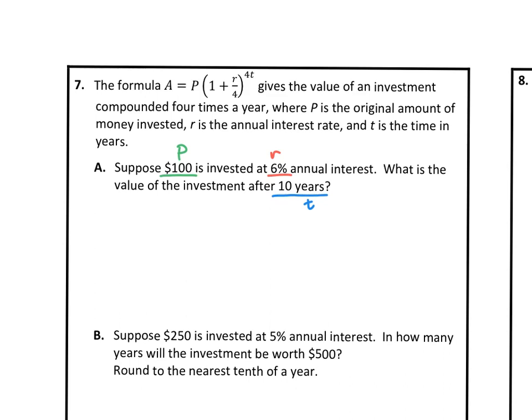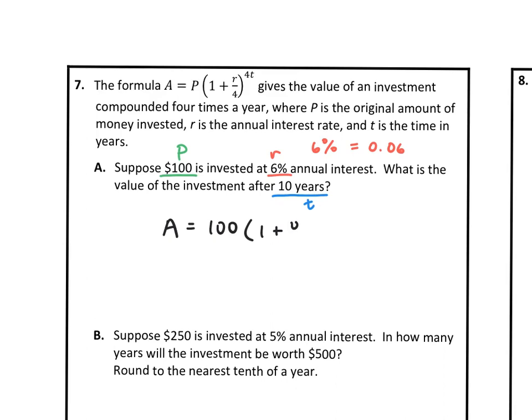So I'm going to plug in these 3 values into this formula here. Okay, so I'm going to get the following, right? A equals, what's P? 100. 1 plus, what's r? Again, remember, 6% as a decimal is 0.06.